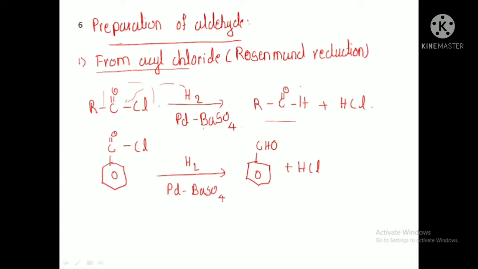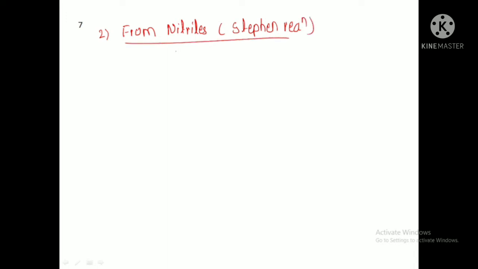Next, the second method is from nitriles. This reaction is called Stephen reaction. Preparation of aldehydes from nitriles is called Stephen reaction.